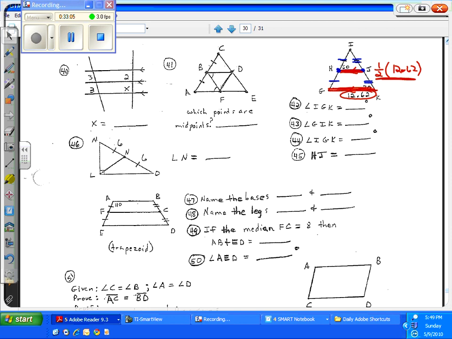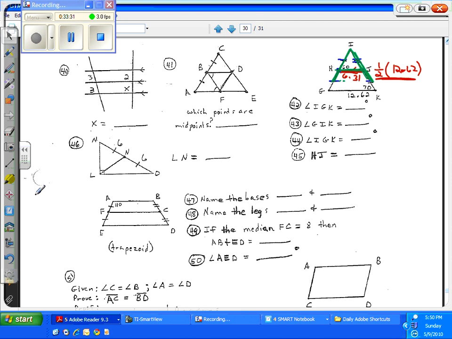Half of 12.62 is 6.31. If these are parallel lines, which they are because it fit that theorem, then corresponding angles are equal. Corresponding angles make the letter F upside down there. And so we've got two sets of corresponding angles, and we can't see that one.